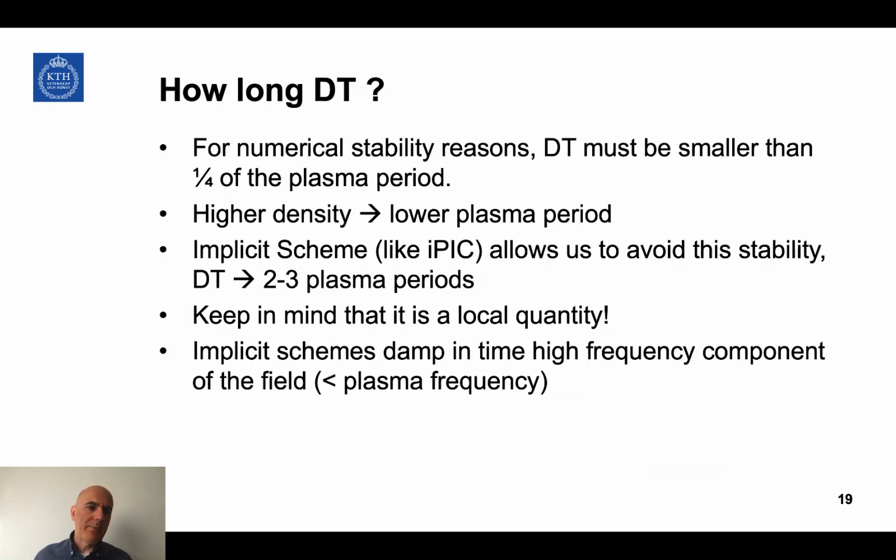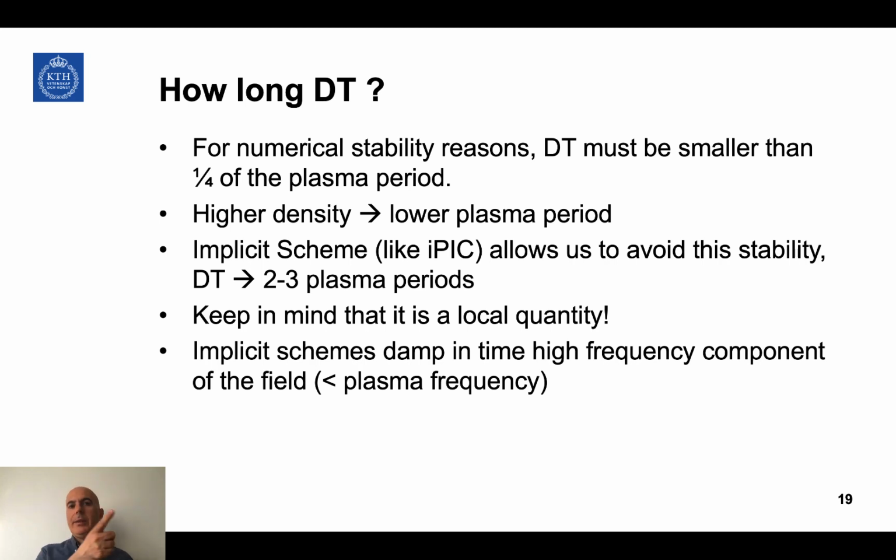The most important parameter when it comes to the stability of the method is the time step. For numerical stability reasons, explicit PIC methods are stable if the time step is less than 1/4 of the plasma period, right?